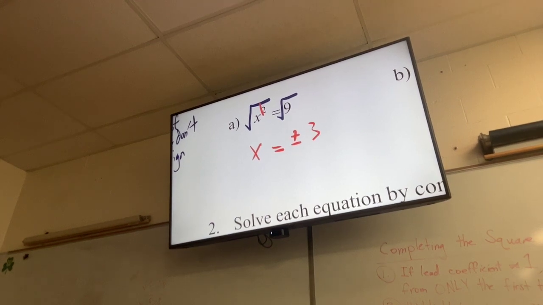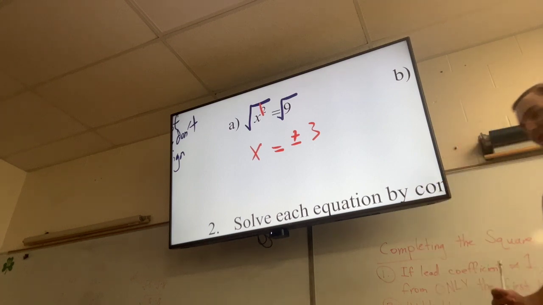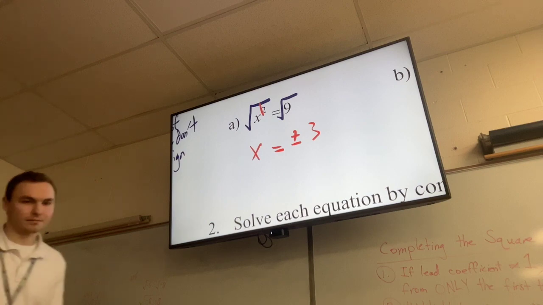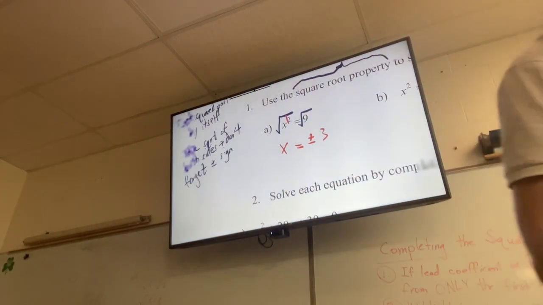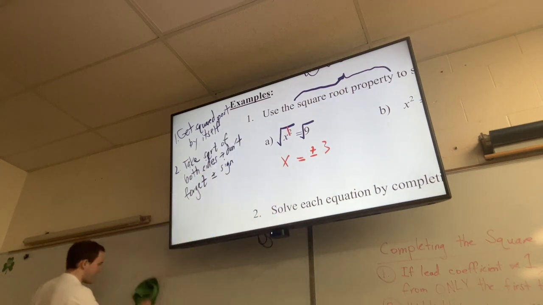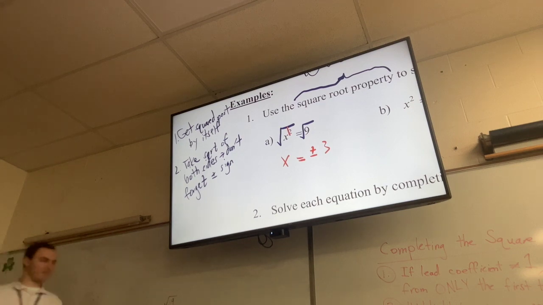This is a really weird distinction in math. I didn't fully understand it until my freshman year of college. If a teacher asks you, what's the square root of 9, the square root of 9 is mathematically defined as just positive 3.